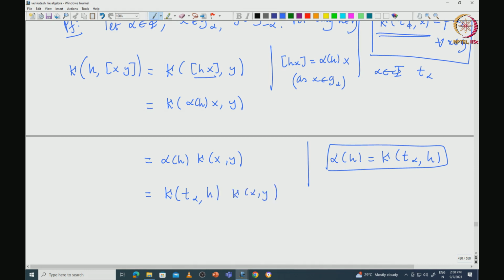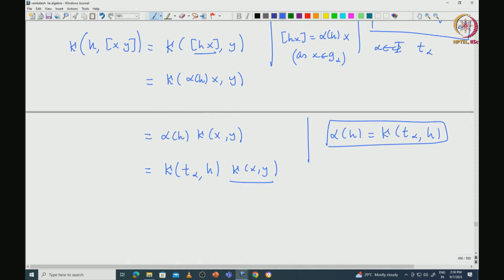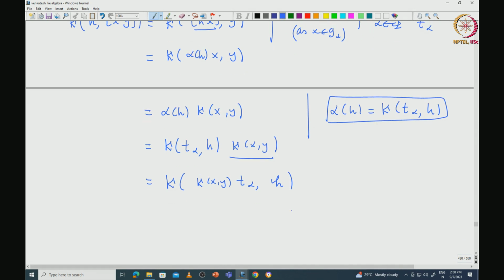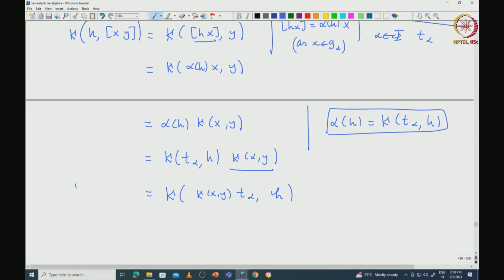Now we can take this kappa of x comma y inside, so we get kappa of x comma y times t alpha comma h. This is equal to kappa of h comma bracket x y.